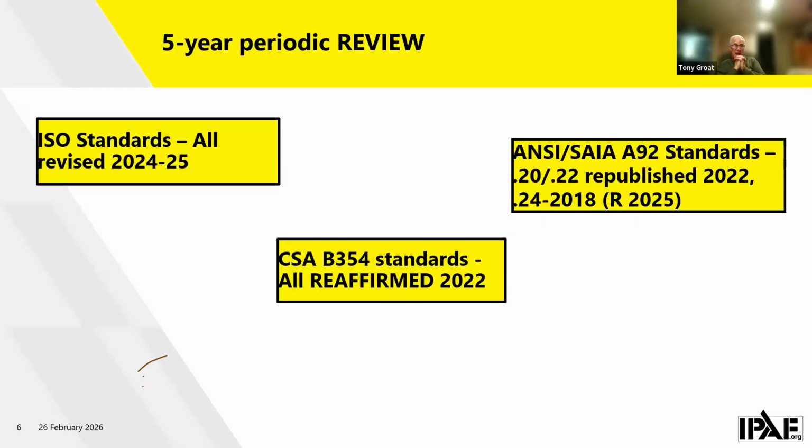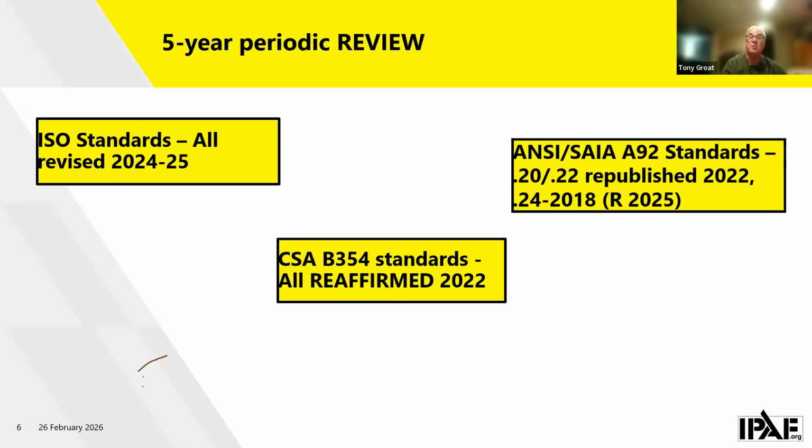In the ANSI SAIA A92 suite, A92.20 and A92.22, which are design and safe use, were republished in 2021, and I'll talk about that. The A92.24, the training standard, was published in 2018 and reaffirmed in 2025. And the Canadian B354 standards were all reaffirmed in 2022.